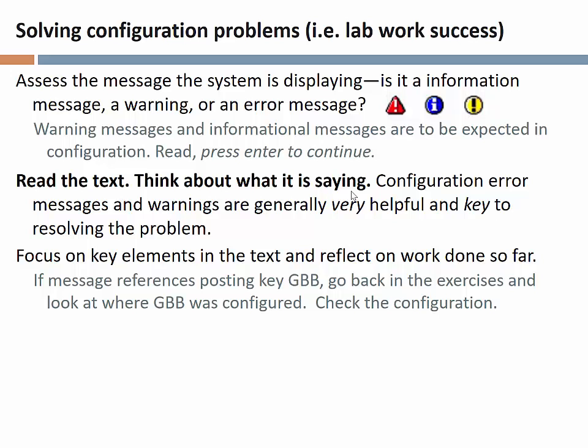And this is where the fact that I've given you the lab documents in electronic format means that you can do Control F and scan through the document electronically, which really works in your favor. So look for keywords that are in the error messages. Use the find feature to review backwards in the document to see when you were working on that thing, and then go back and check your work.